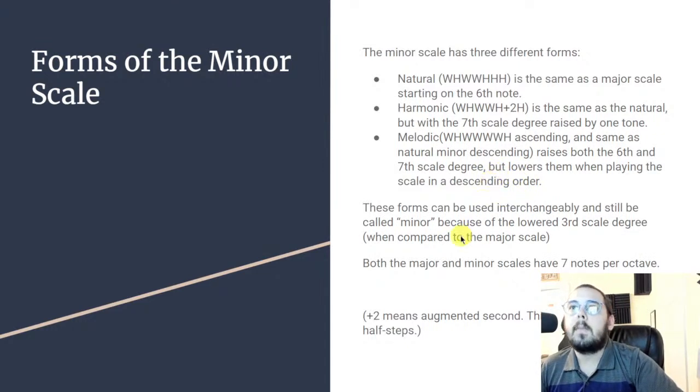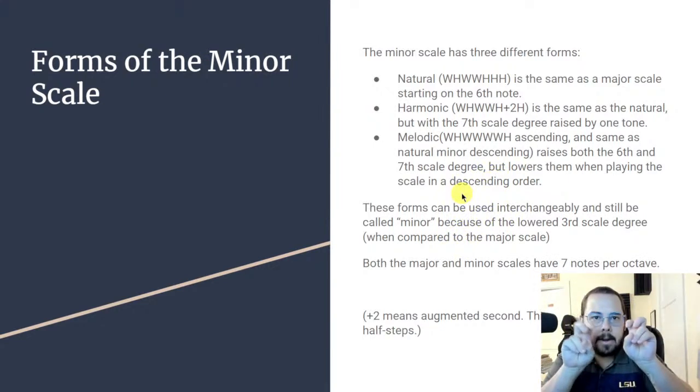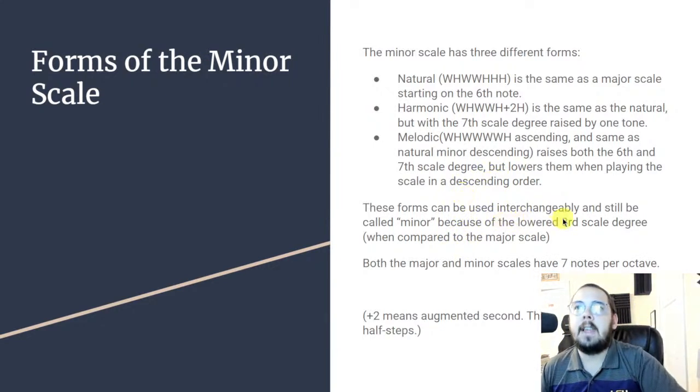Essentially, these are all minor just because they all have that lowered third scale degree when compared to the major scale. So even though the patterns are slightly different, they're all minor scales because of that feature.